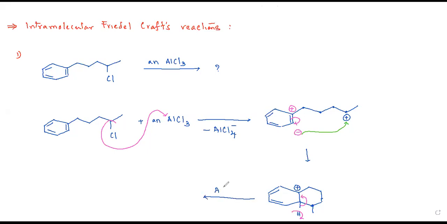So let us consider this as AlCl3, minus here. Now this Cl minus in fact abstracts a proton, H plus.